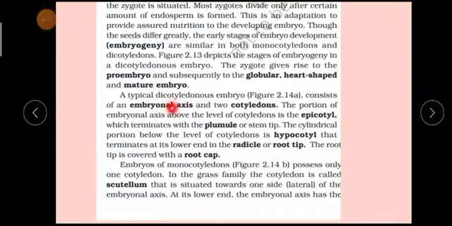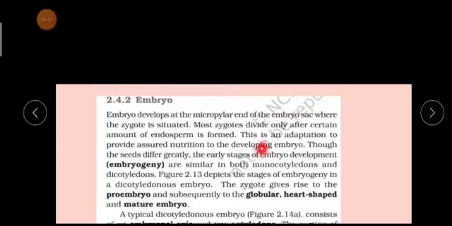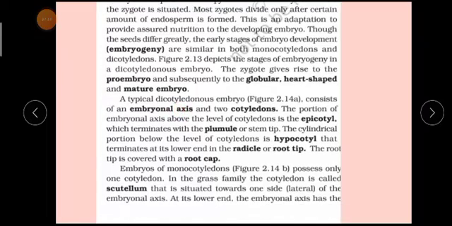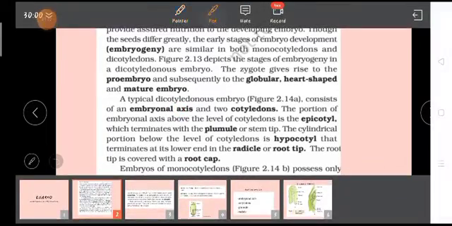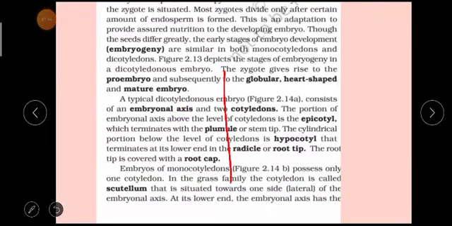And it has an embryonal axis. The embryonal axis is that portion of the embryo around which the embryo develops. Suppose this is the embryonal axis. This embryo is going to develop by taking the help of this axis only. It's just like the axis of a globe. As soon as the embryo becomes bigger, it is going to take this as the axis, as the center, and then it is going to develop.